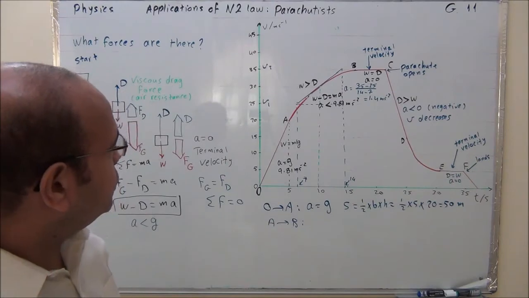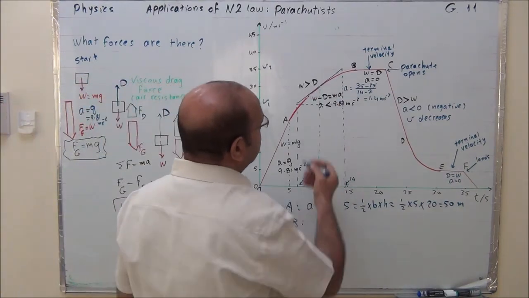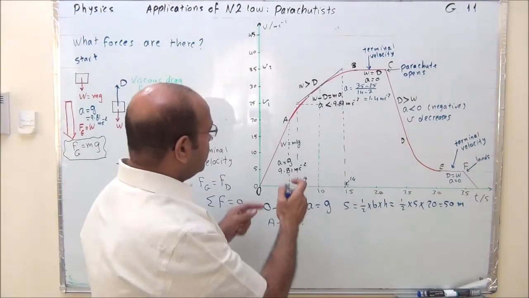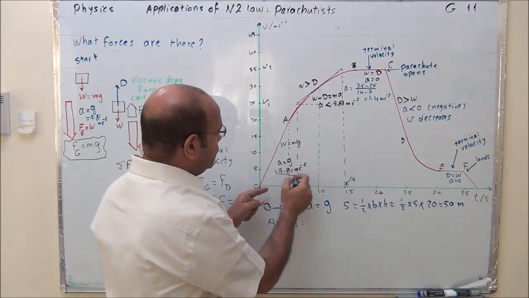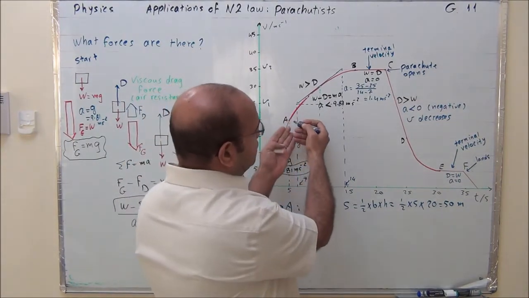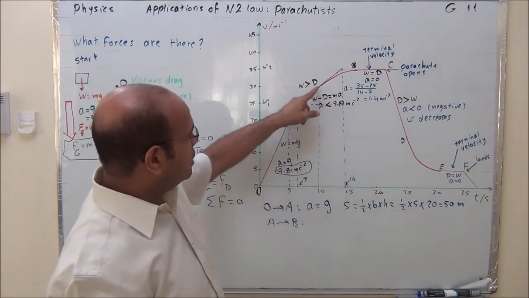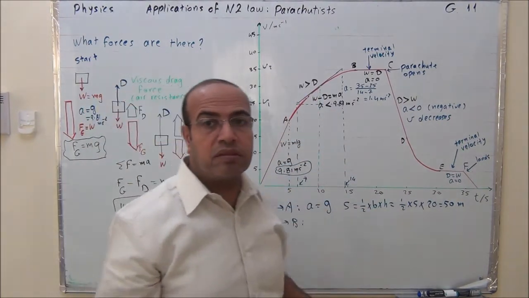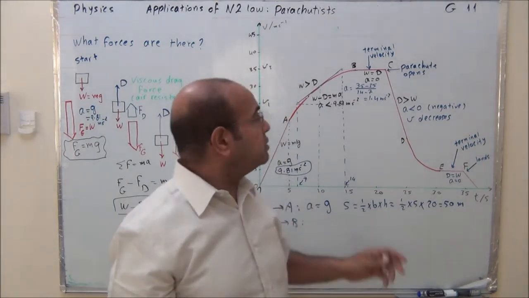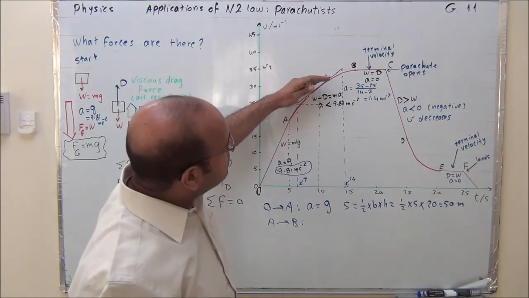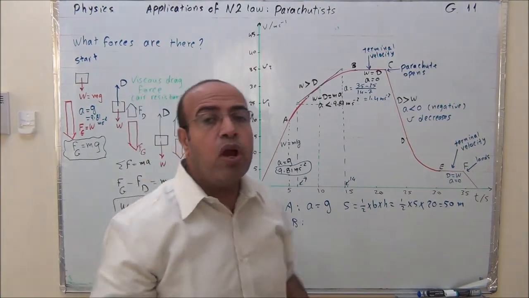So the acceleration at t equals 10 decreases from 9.81 meters per second squared at A to 1.4 meters per second squared at time 10. That acceleration decreases gradually. Why?